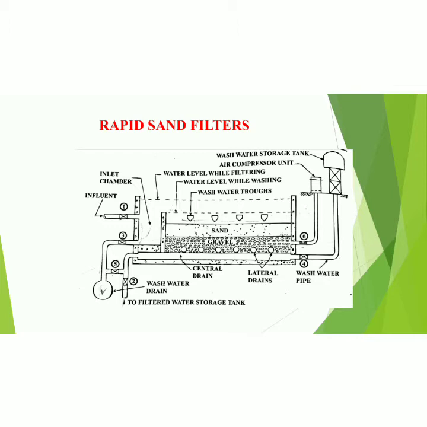One is a water storage tank and air compressor unit, and next you can see the filtered water storage tank, where the water goes once it is filtered, and at the right side you can see the wash water pipe. These are some general terms that we use, and some units that rapid sand filters have.